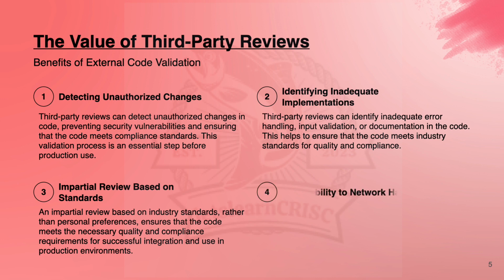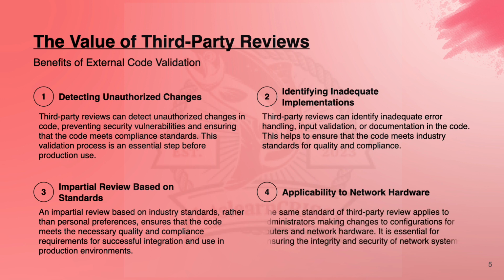Next, about the applicability to network hardware. Friends, similar to the code review in software development, network administrators may benefit from having a third-party review when making changes to the configuration for routers and the network hardware.